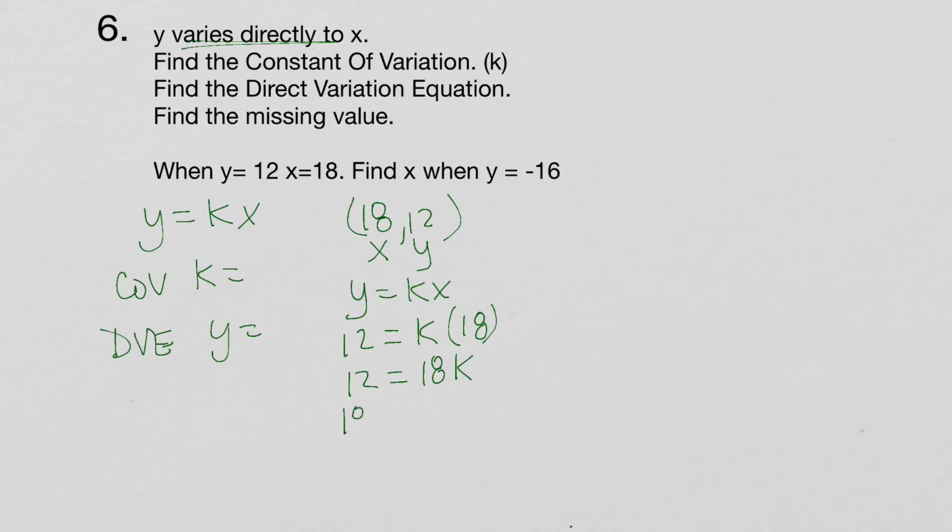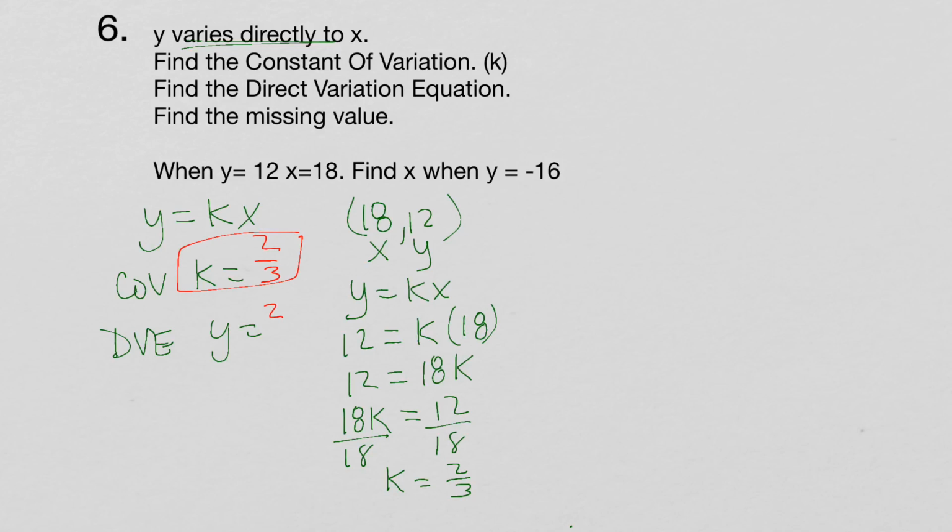It's not, so I'm going to do symmetric. 18k is equal to 12. Divide by 18, divide by 18. K is going to be equal to 2/3 when I simplify both numerator and denominator by 6. So now I have my constant of variation is 2/3.